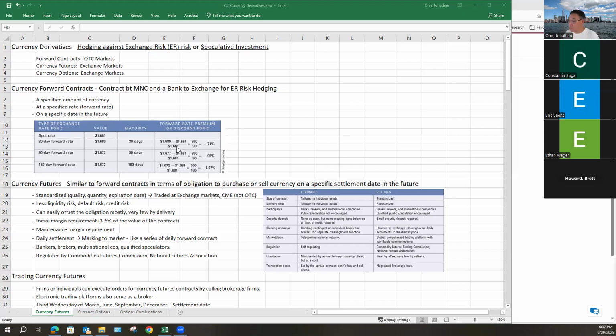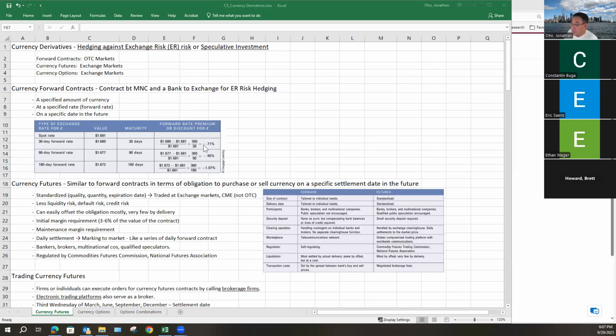But you have to adjust for the annualized portion. This is for only the 30-day forward rate, so you have to multiply by 360 divided by 30 days.